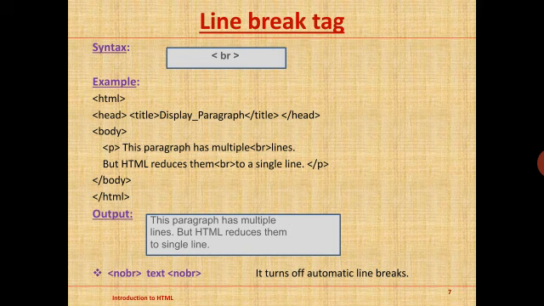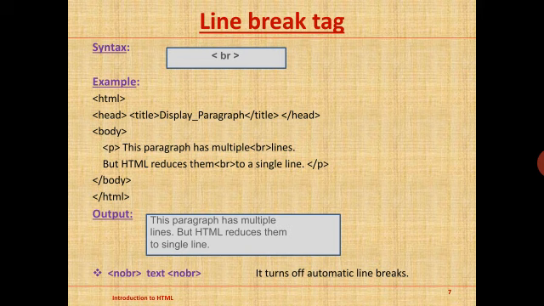In our example, we have taken a paragraph. This paragraph has multiple lines. Here, after the word multiple, BR tag is used.